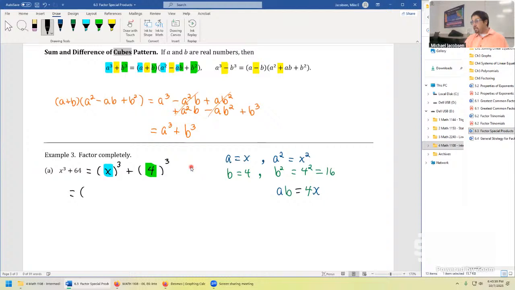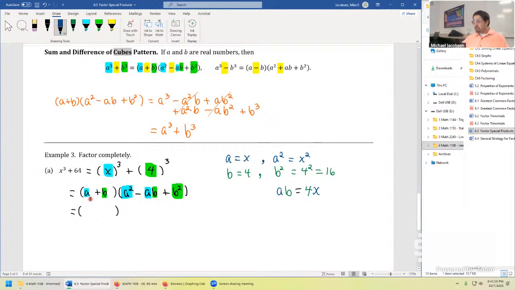So this is going to be A plus B times A squared minus AB plus B squared. So these are the A parts of the problem. This is the B portions of the problem. And this is how it factors in one, well, not exactly one step, in several steps. But from here to here, from the formula down, this is the last step.